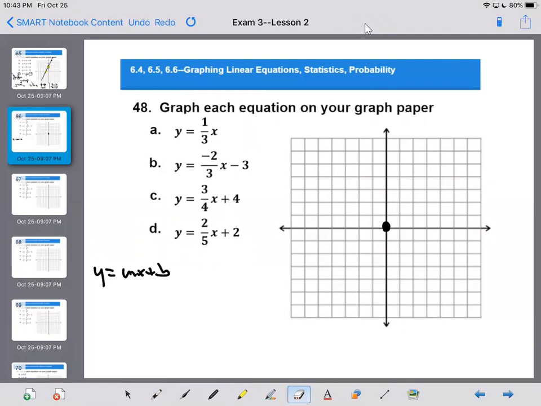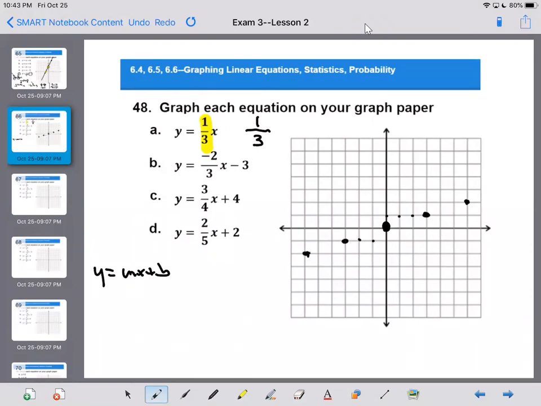So now we want to apply our slope from the y-intercept of 0, which means we are going to rise 1 on the y and run to the right 3 on the x. So up 1, 1, 2, 3, up 1, 1, 2, 3, or from the origin, come down 1 and left 3, down 1 and left 3.